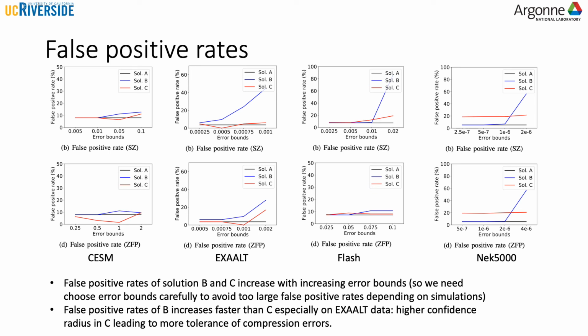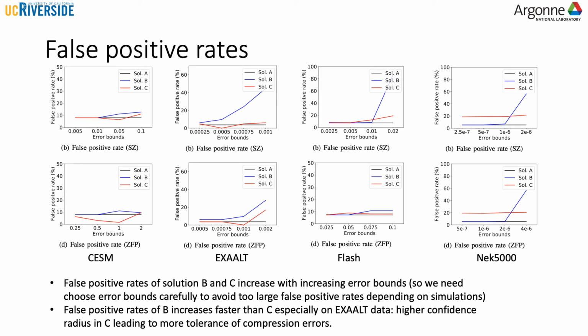We show all the false positive rate figures on all the 4 datasets. Recall that solution B and solution C will be impacted by the lossy compression error. So with the increasing compression error bounds, we can see the false positive rate also increases for solution B and C. This observation tells us that depending on the simulation datasets, we need to be careful to choose a proper error bound that is not too large to let the false positive rate being too large.